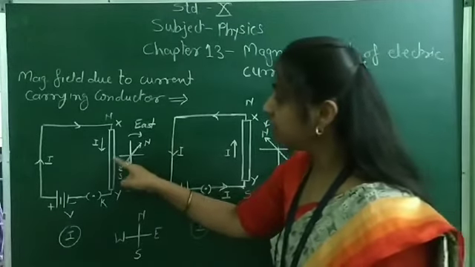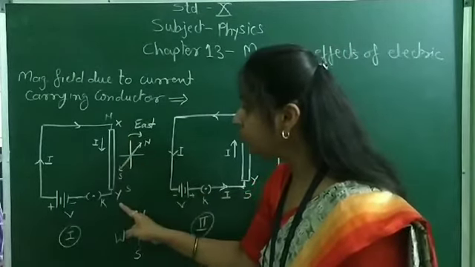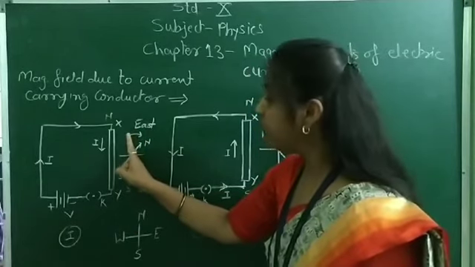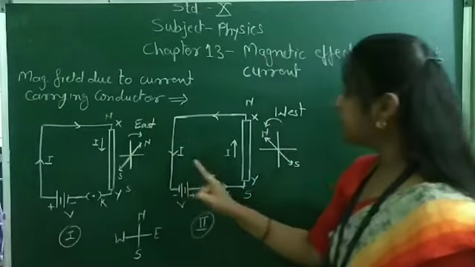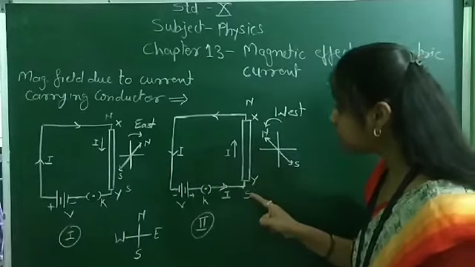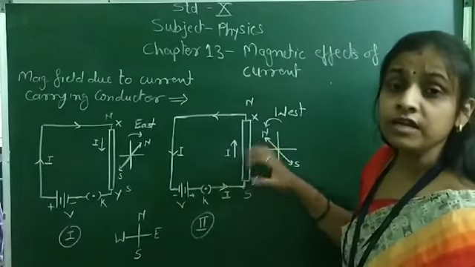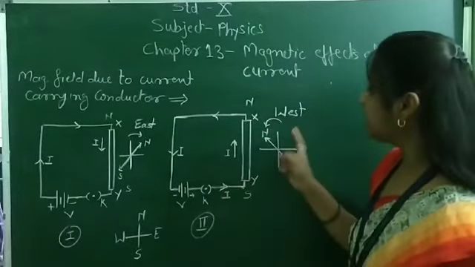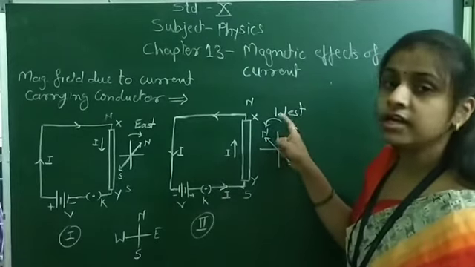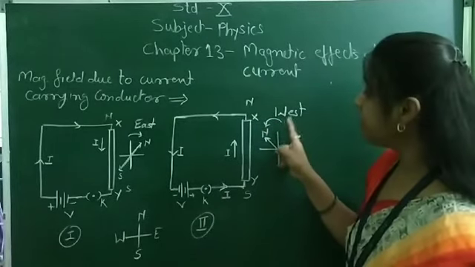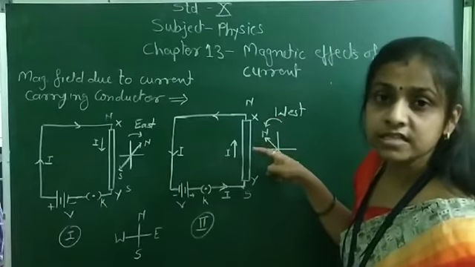It means whenever the current flows from north to south, the compass needle is deflected towards east, and as soon as the current flows from south to north, or if we reverse the direction of the current, the compass needle is deflected towards west. It means the magnetic field changes its direction.